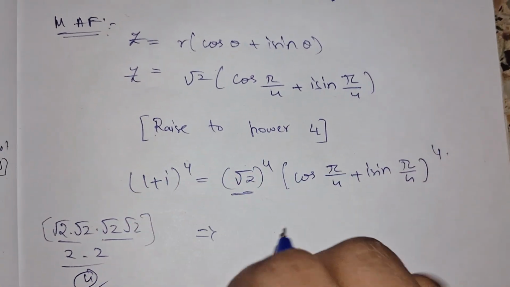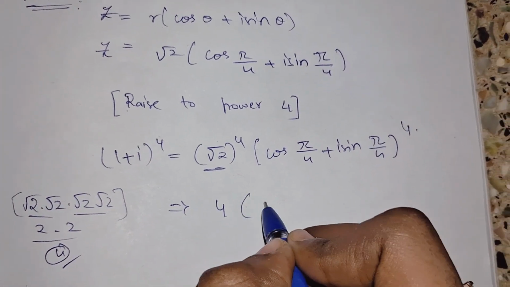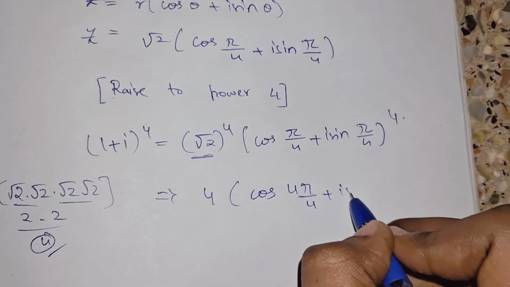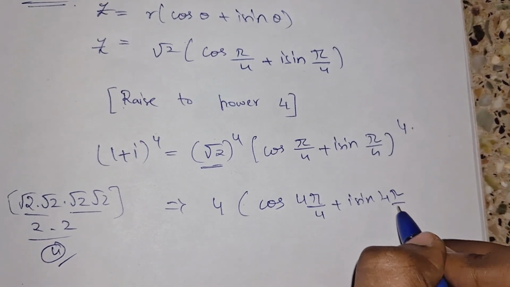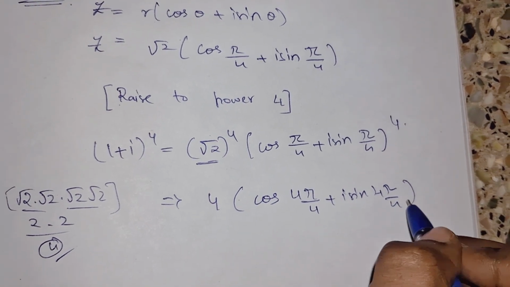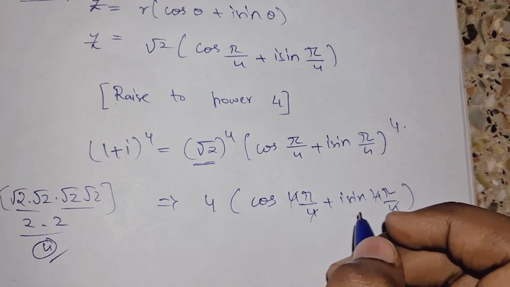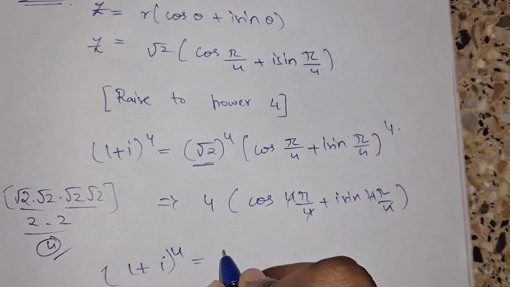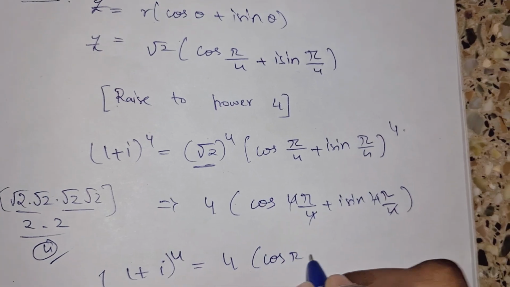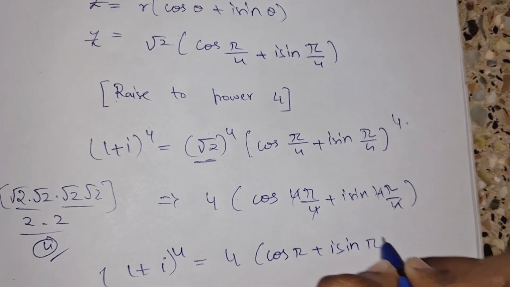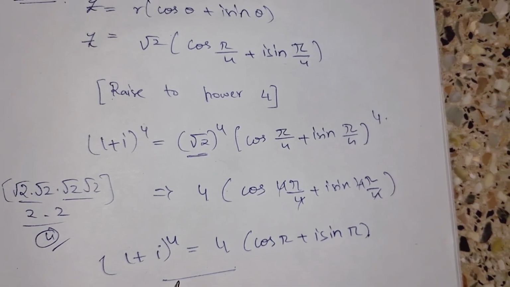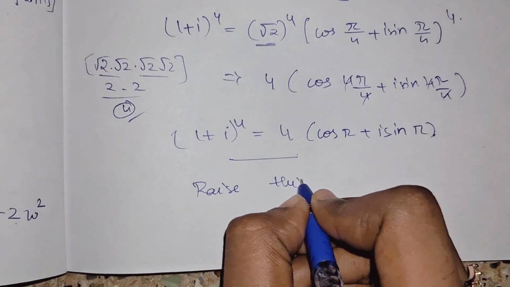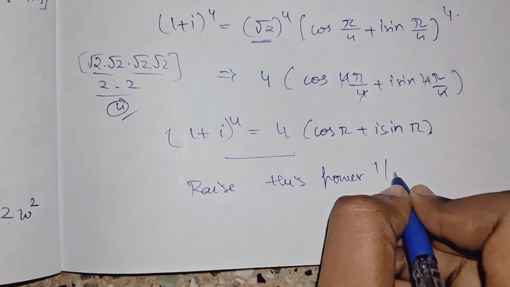Is it right? So I am substituting 4 over here, after which I will bring this power here, so I will get cos 4 pi by 4 plus i sin 4 pi by 4, where I can cancel 4 and 4. The final answer I'll get is (1 plus i) to the power 4, when I raise it to the power 4, equals 4 (cos pi plus i sin pi). Now to this I will raise the power 1 by 5.